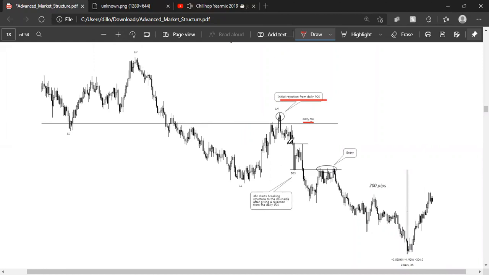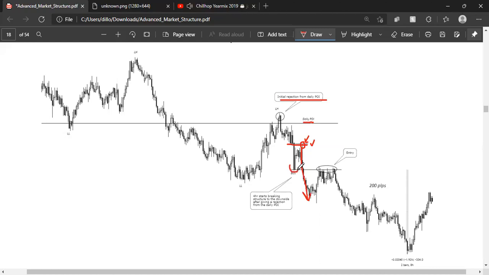And let's say this is that first minor break of structure, which, catching an entry here would have been kind of difficult. But after this rejection here, price then gives another break of structure to the downside.